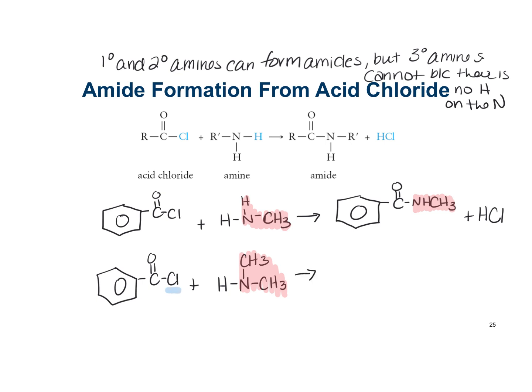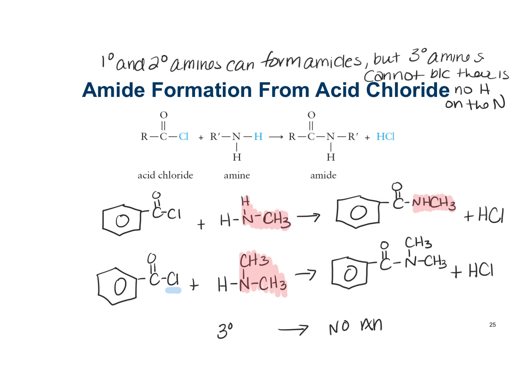So when we go to draw that product, we take the C double bond O and remove the chloride, and now we have the amide there. And again, tertiary would give us no reaction.